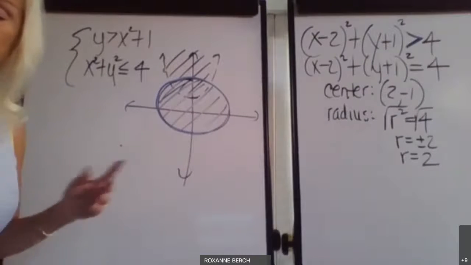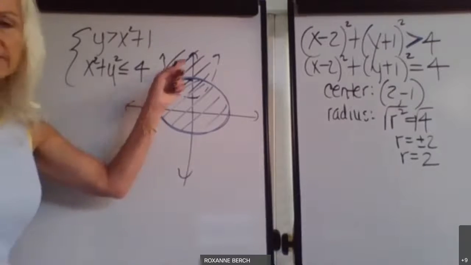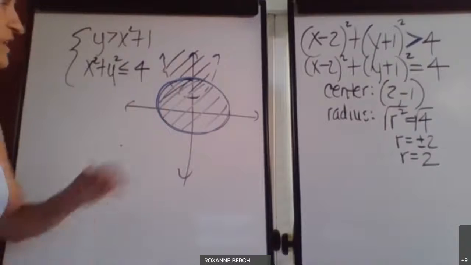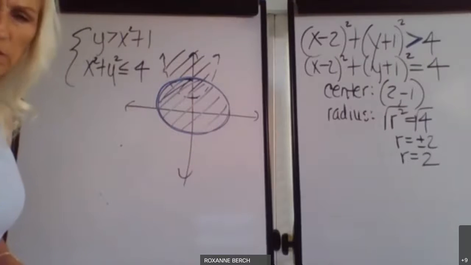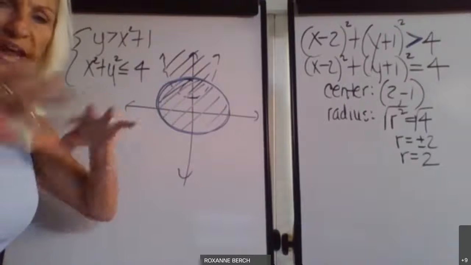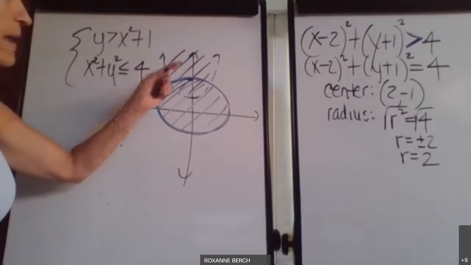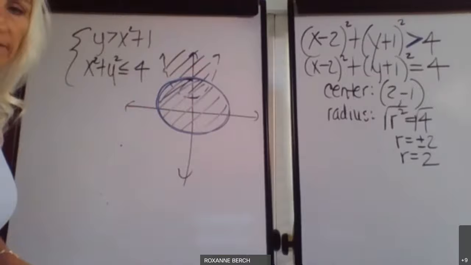Well, the solutions to the system aren't just the black. The solutions are not just the blue. The solutions are going to be where you see black and blue intersecting. So the parabola was shaded on the inside.